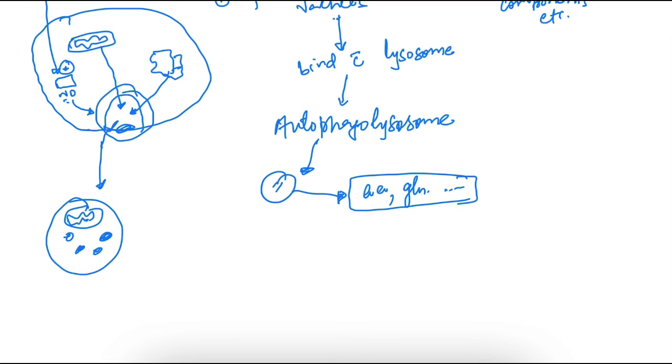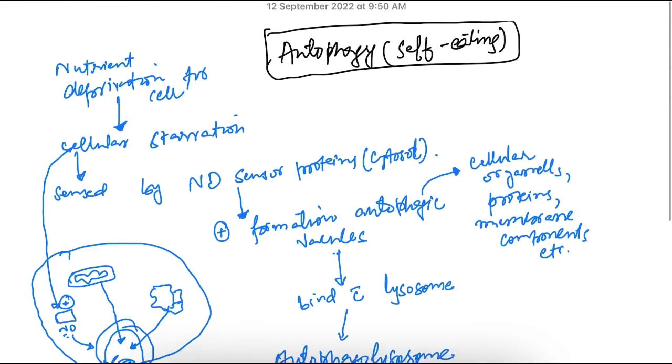Then this autophagic vacuole fuses with the lysosome, and these lysosomal enzymes lead to the enzymatic degradation of these organelles and membrane components into amino acids, free fatty acids and glucose.